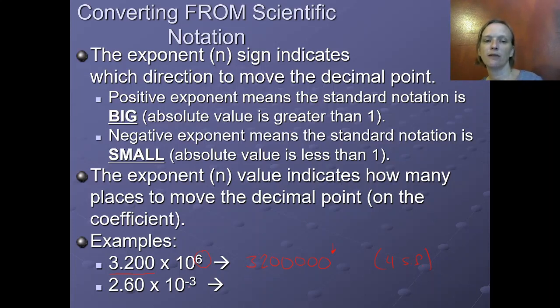2.60 times 10 to the negative 3, that negative 3 tells me that I'm going to make this number smaller than it looks. So I need to move the decimal point in a direction that makes the number smaller. So if I write down the 2, the 6, and the 0, I want to move the decimal point once, twice, 3 times. So this is where my decimal is.